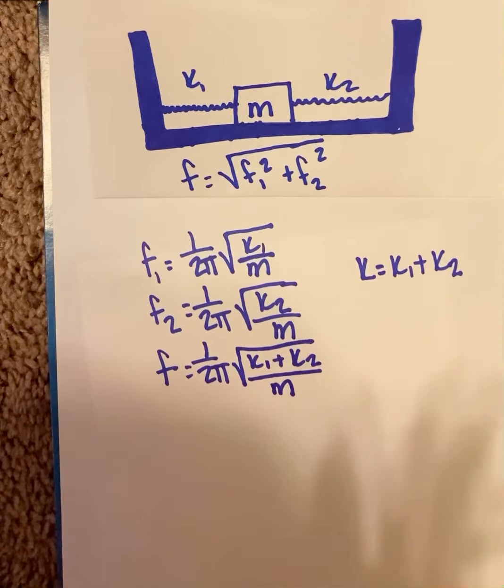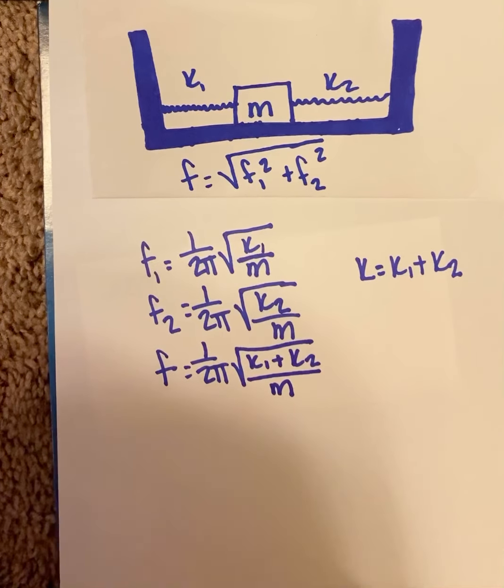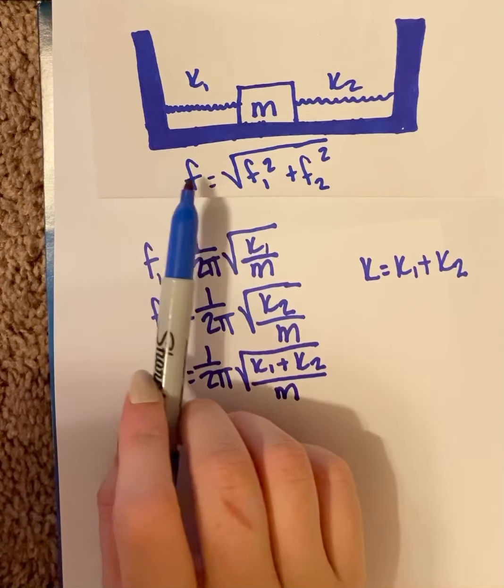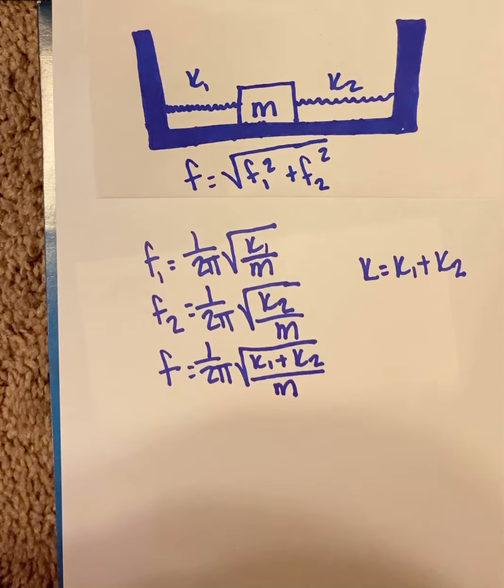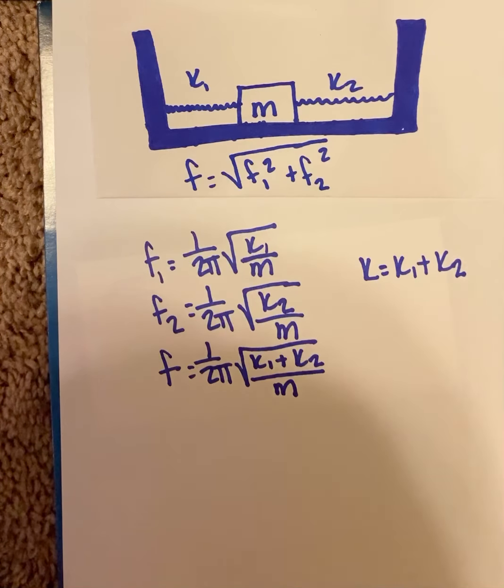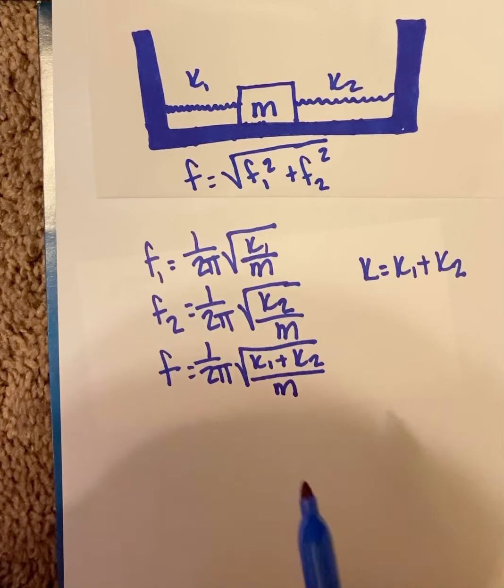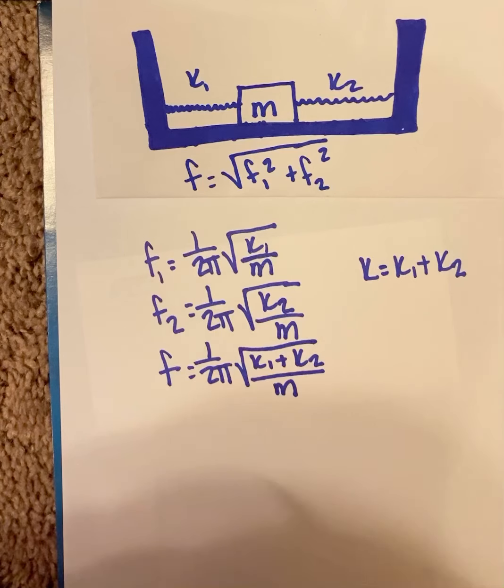So our goal for this question is to prove that this equation can give this equation. And so in order to do so, all we have to do is plug f1 and f2 into this equation, and hopefully in the end we'll get this.